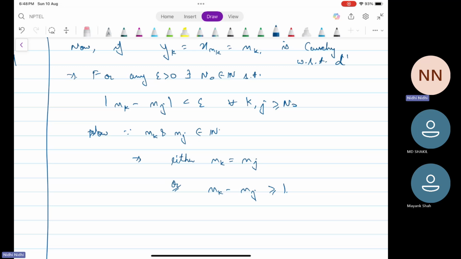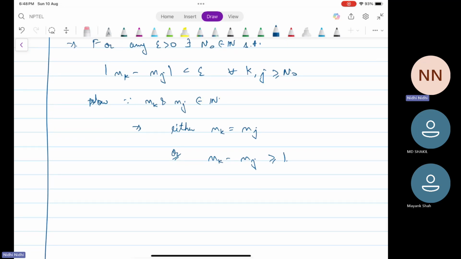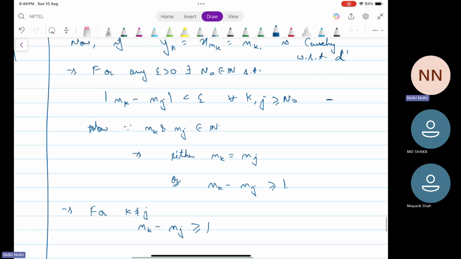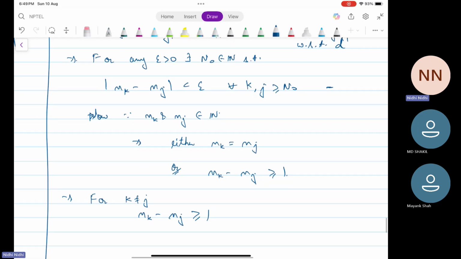Now, for k not equal to j, obviously n_k is not equal to n_j. This implies that for k not equal to j, |n_k minus n_j| is greater than or equal to 1. Now, this contradicts the fact that the sequence is Cauchy, because in that case we can take epsilon to be anything.